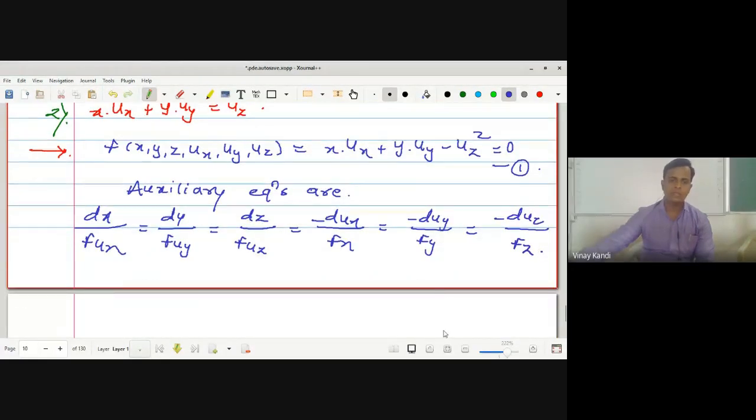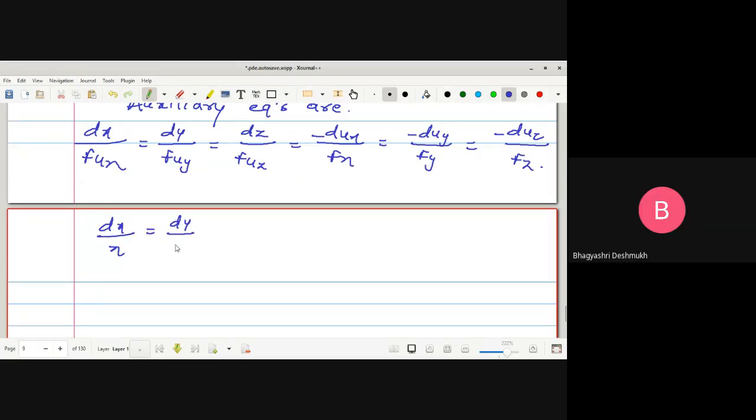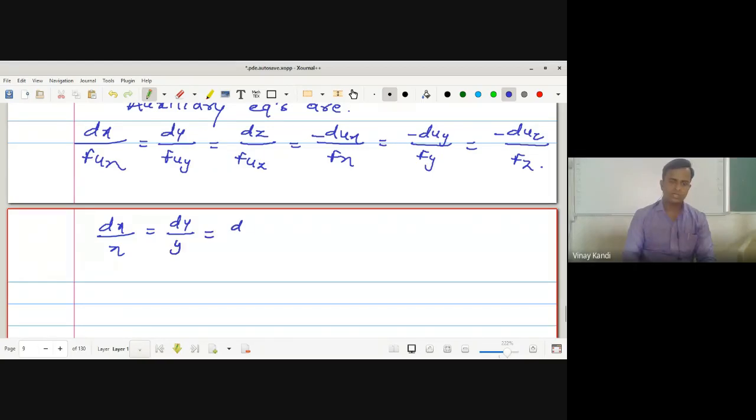Okay, now tell me dx upon differentiate with respect to ux now. Differentiate this one with respect to x. So what we get? dx upon x, which is equal to dy upon y, which is equal to dz upon minus 2uz.